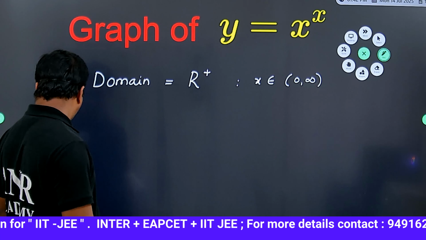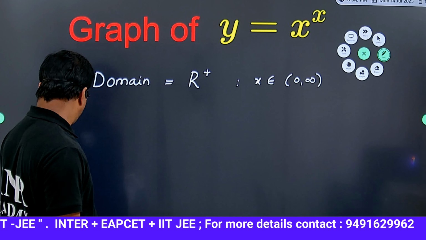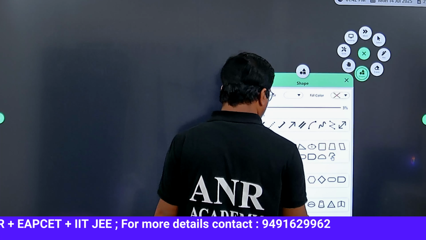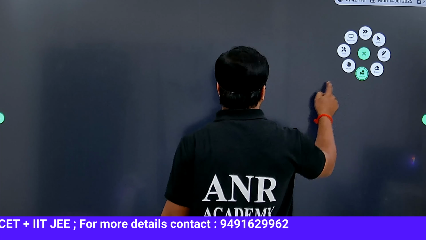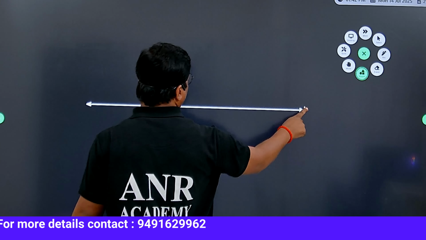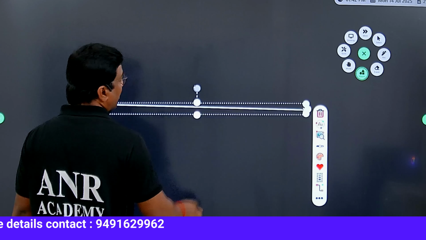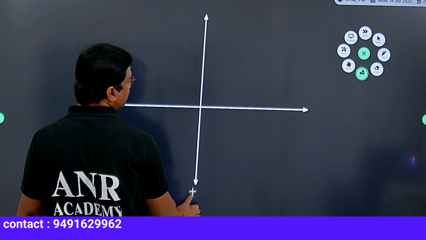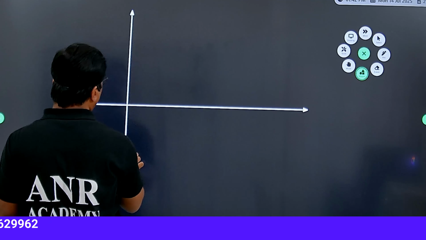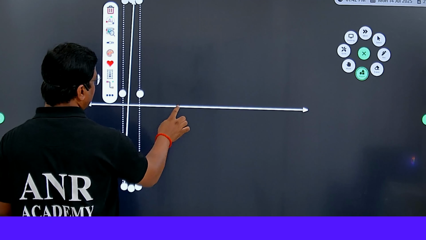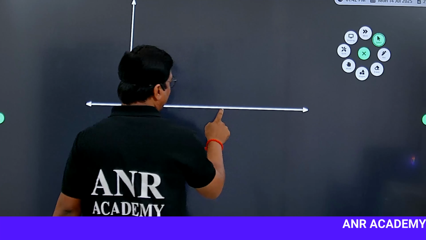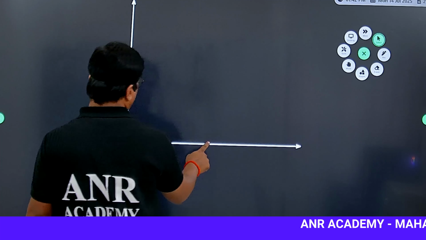See how to draw the graph. On the Cartesian coordinate system, this is the x-axis and this is the y-axis. We know that the graph is defined only for positive values of x.